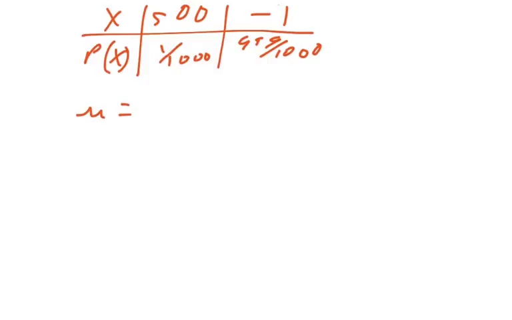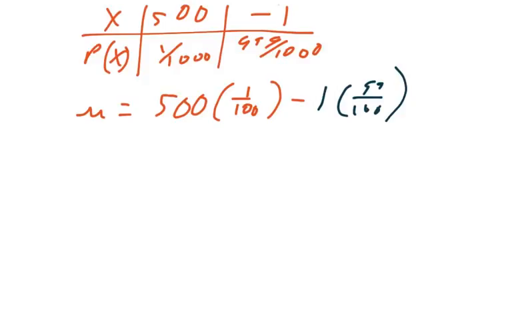So what is the expected value of your ticket after you buy it? 500 times 1 over 1,000 minus 1 times 999 over 1,000.